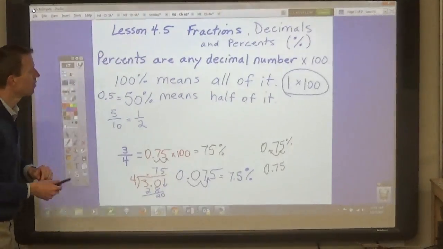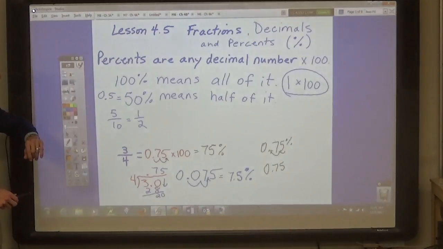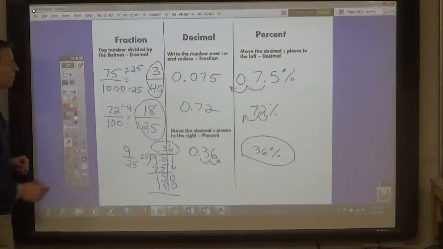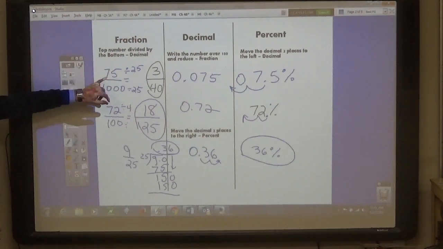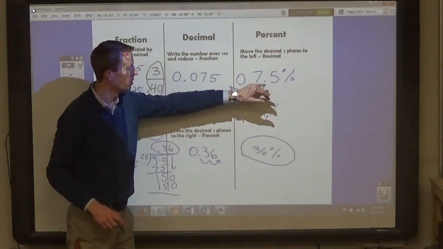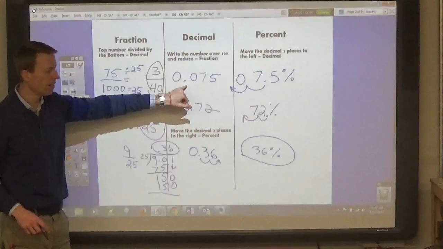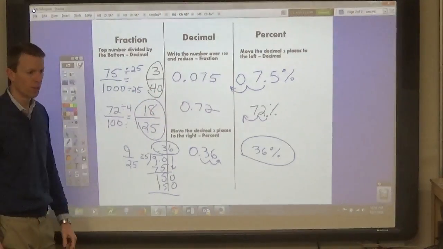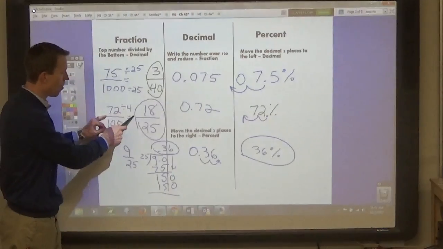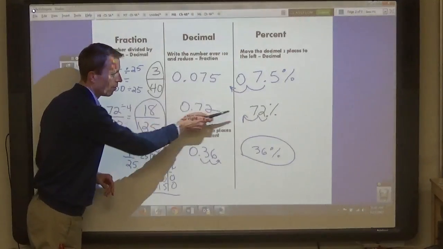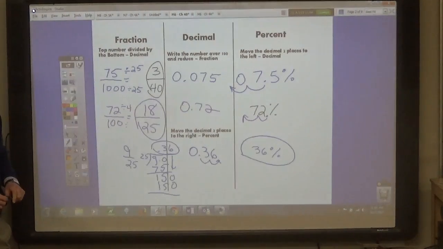And then converting it to a percent by multiplying by 100. And then you did an assignment with the chart. So going from a percent form to a decimal form, and then a decimal form to a fraction form, and working the other way. Fraction form to a decimal form, and decimal to a percent form. Everybody comfortable with that?